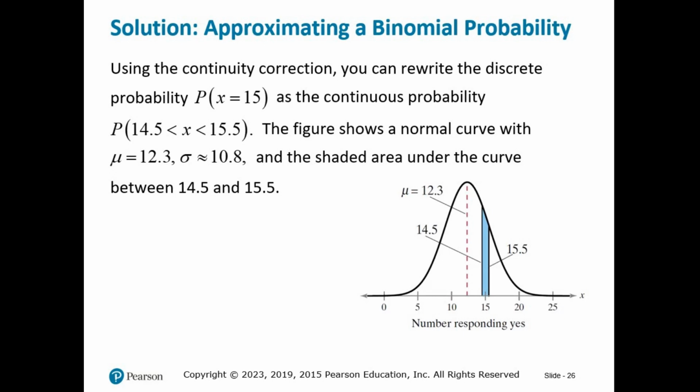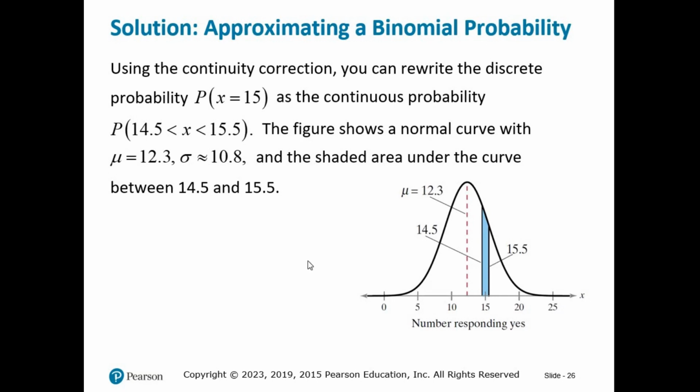So we can rewrite the discrete probability of x equals 15 as the continuous probability of x from 14.5 to 15.5. The figure shows a normal curve with mu of 12.3 with a standard deviation of 10.8 and the shaded area under the curve between 14.5 and 15.5.